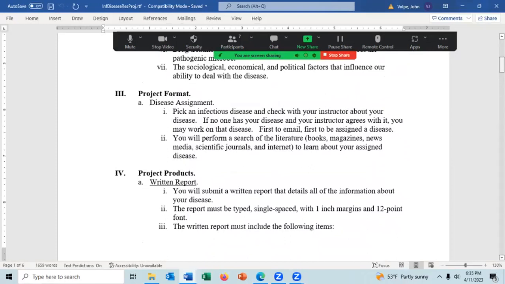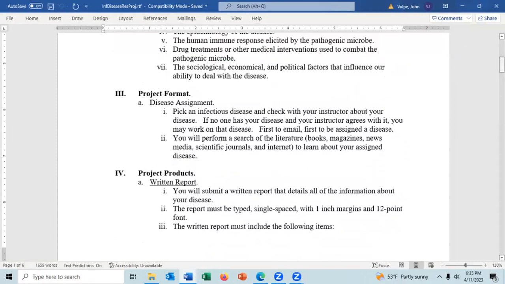You need to pick an infectious disease. So it has to be infectious. You have to check with your instructor to make sure that you're the first one to choose that infectious disease, meaning I will not allow two people to do the same infectious disease. Now, there are some ways you can break up an infectious disease.